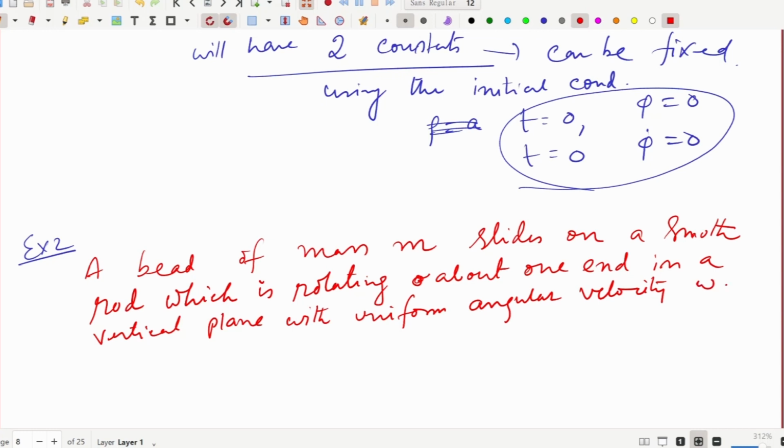So, you have to construct the Lagrangian and find the equation of motion.